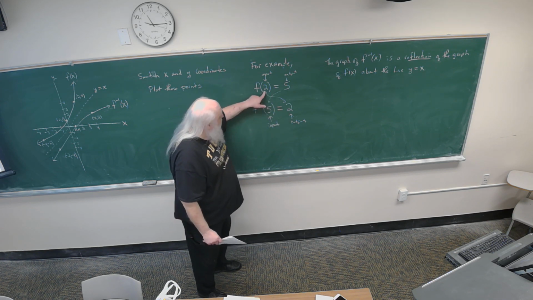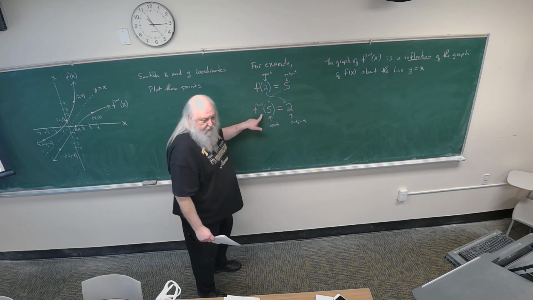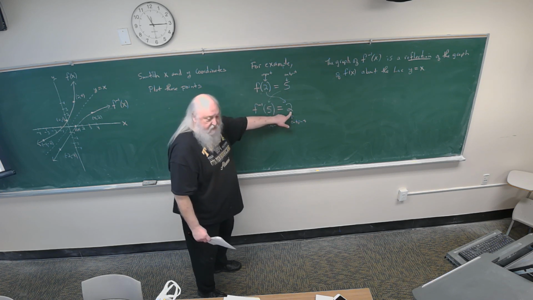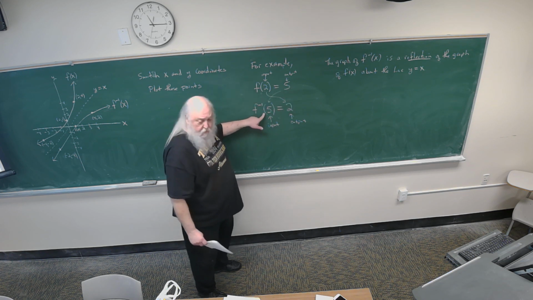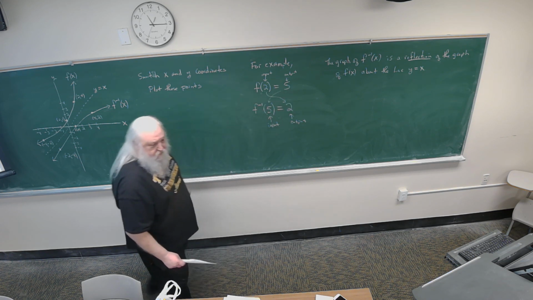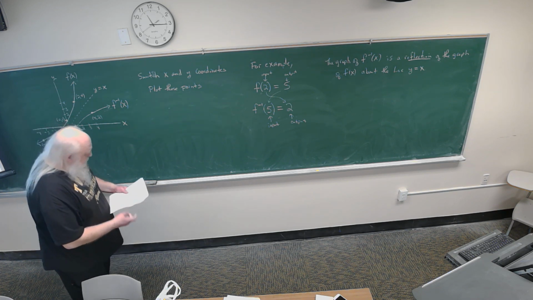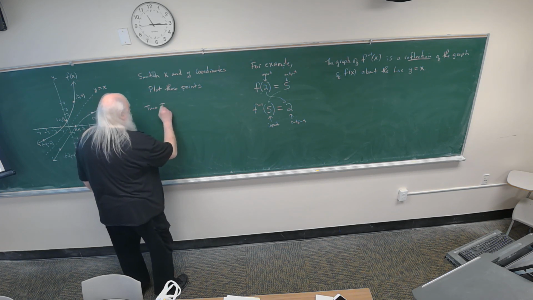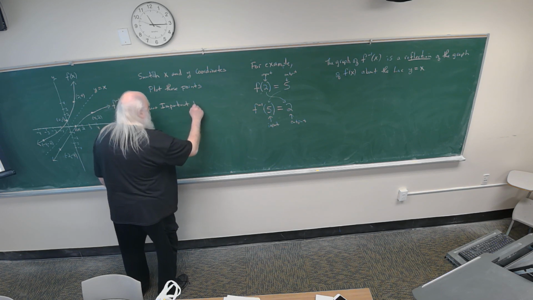So what goes into f of x is the domain, and so what comes out of the inverse, right, is the range of f inverse. So the domain of f of x is equal to the range of the inverse function, and the range of f of x is equal to the domain of the inverse, right, because they're switched. What goes in is called the domain, what comes out is called the range. So we have these two important properties.